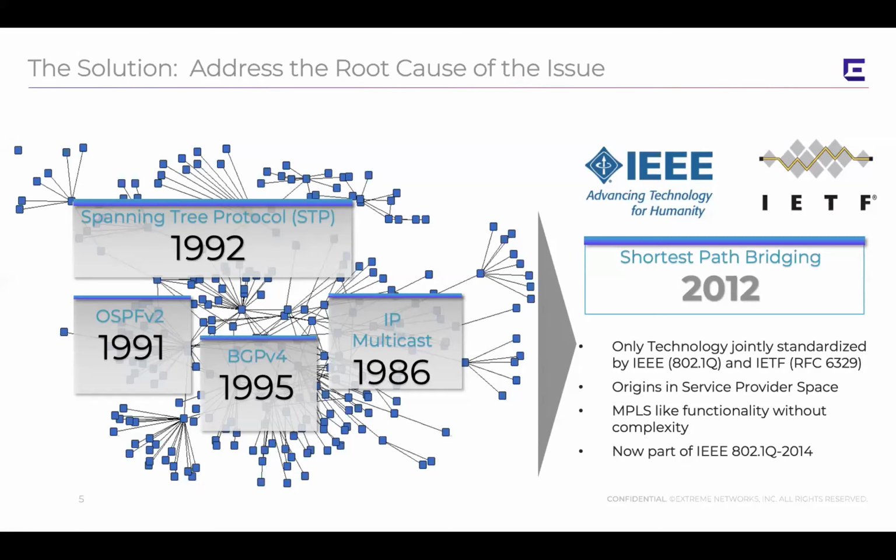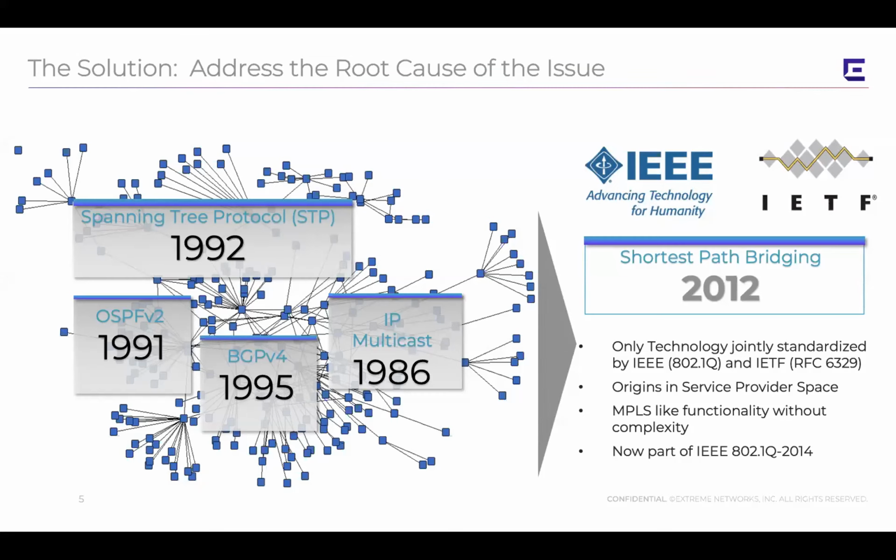Some key people at that time identified it as one of the most significant enhancements in Ethernet's history. The standard was later moved into 802.1Q starting in 2014.